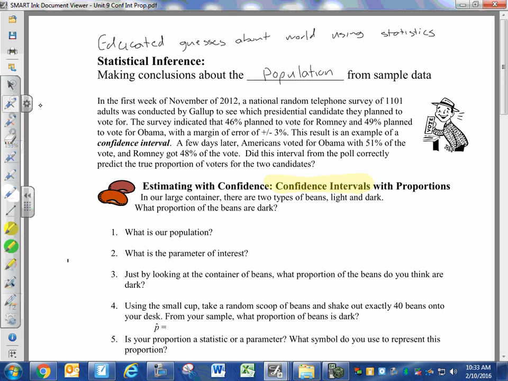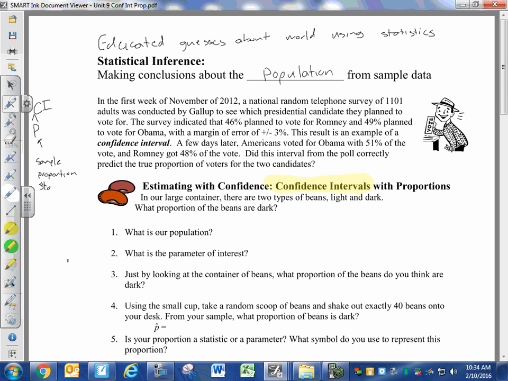Confidence interval, CI for short, is going to be a sample proportion or a sample parameter, which we will call a p hat, sample proportion or parameter.